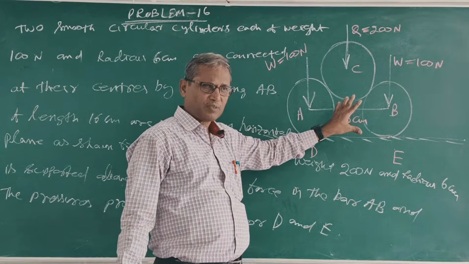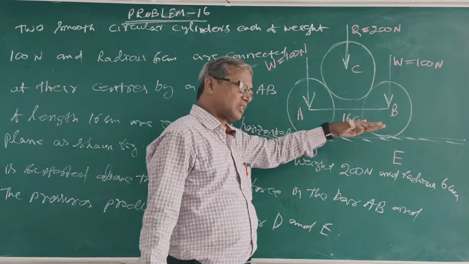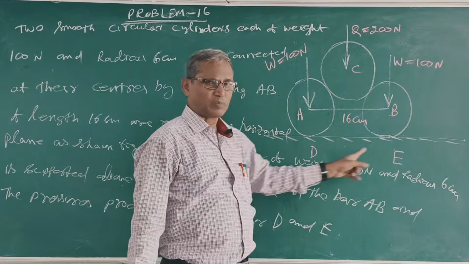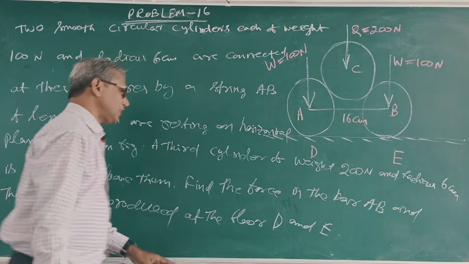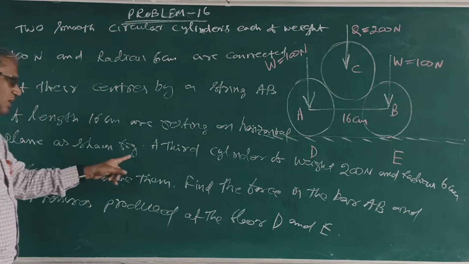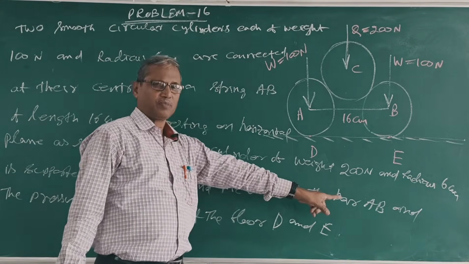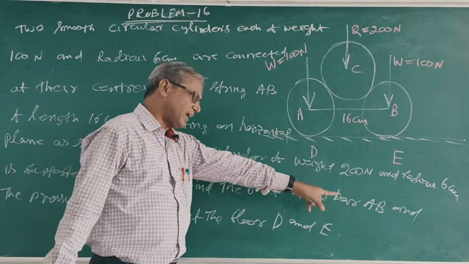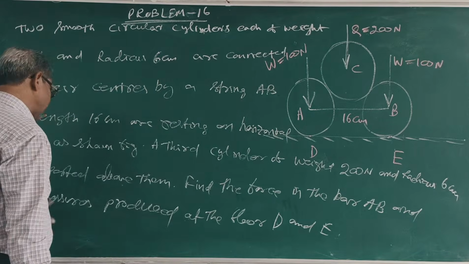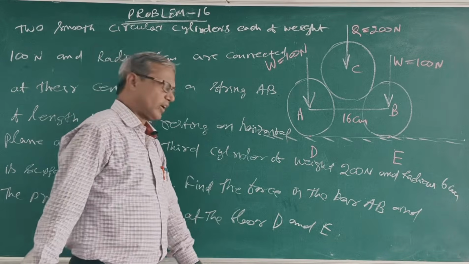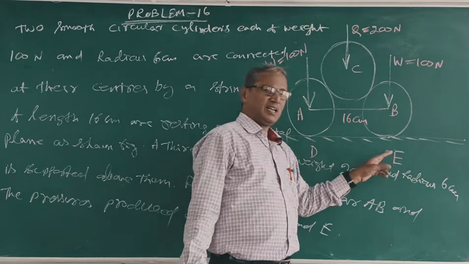The question is: find what force is in string AB, and what are the pressures at point D and point E. What is the reaction at D? What is the reaction at E?